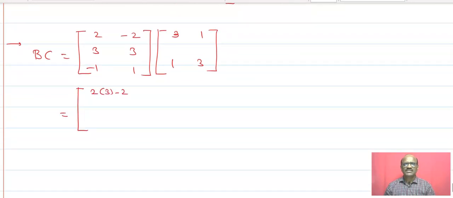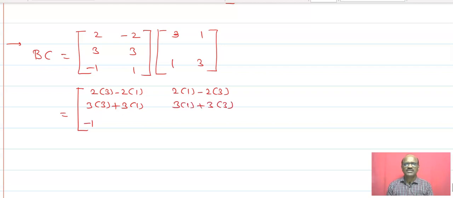Now see this here, 2 minus 3, minus 2, 1, 2, 1, minus 2 into 3, 3 into 3 plus 3 into 1, 3 into 1, and 3 into 3. Minus 1, 3, and next is 1 into 1, minus 1 into 1, 1 into 3, and this is the BC.